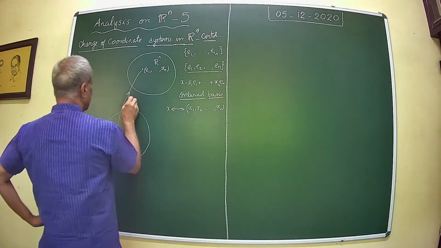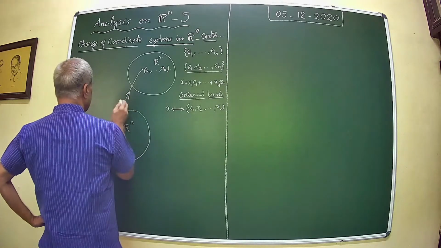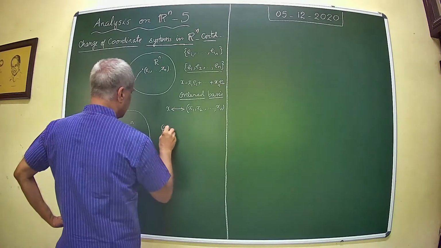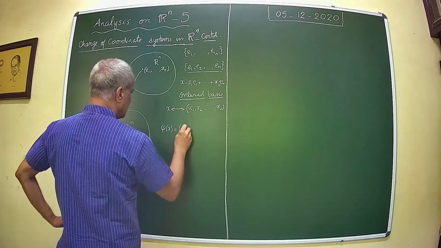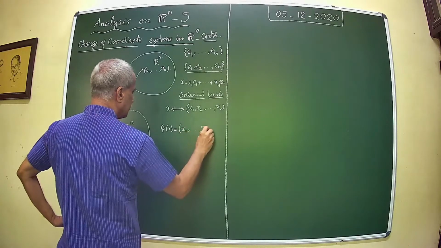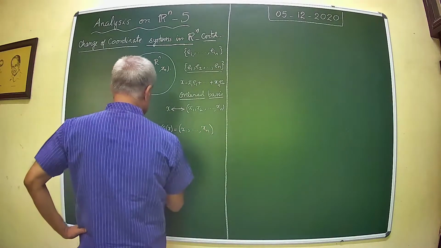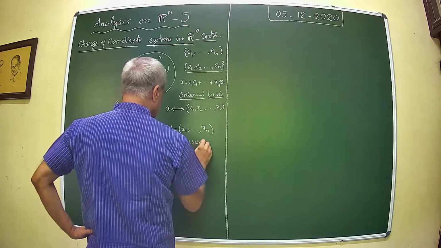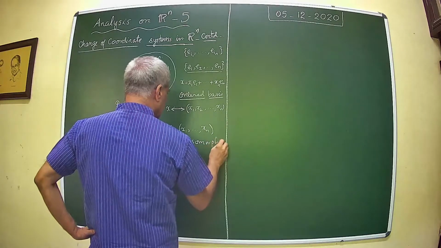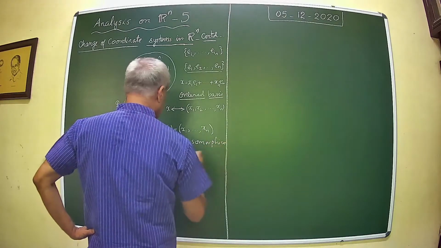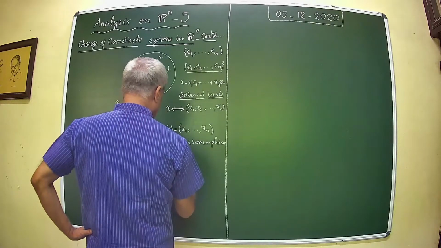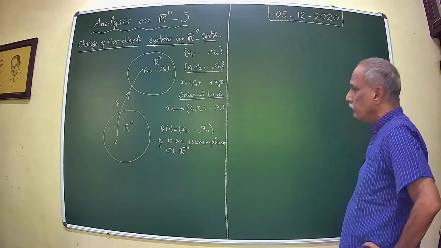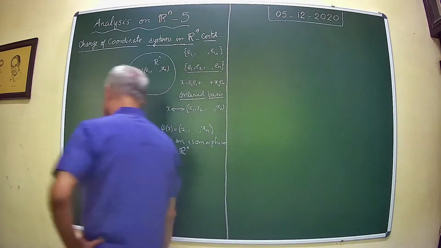Okay, so we denote this map by phi. So phi of x, and phi is an isomorphism. Now you can do this with any ordered basis.